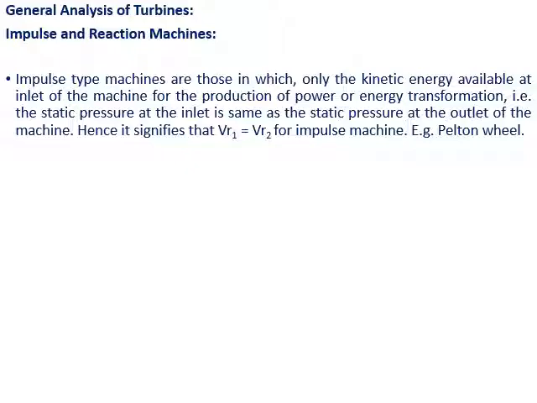That is, the static pressure at the inlet is the same as the static pressure at the outlet of the machine. Hence, it signifies Vr1 is equal to Vr2 for an impulse machine. An example of such turbines is the Pelton wheel turbine.